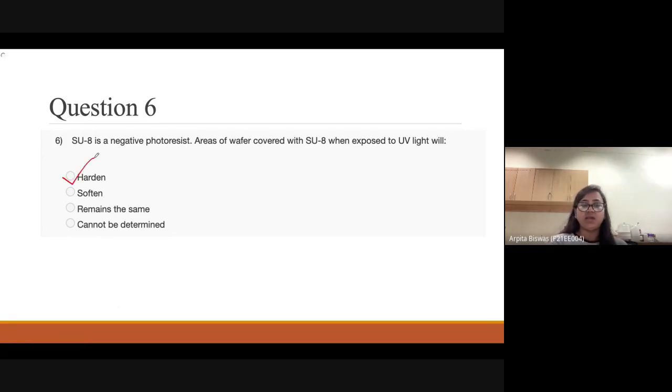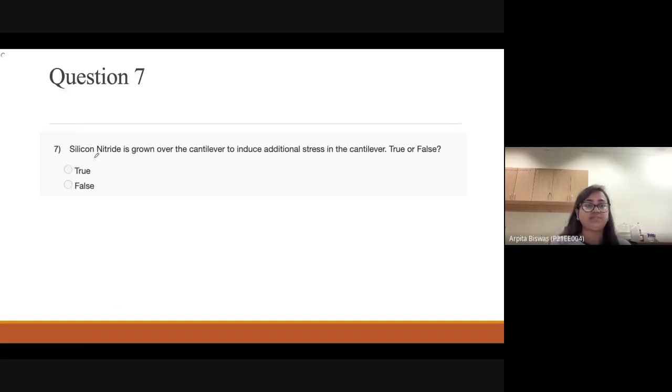Okay. As the negative photoresist is a negative photoresist, the exposed portion of the negative photoresist becomes harder. Okay, and which one is not exposed, it becomes softened, and when we are going for the developing process, then it's etched out. Okay, so the right option is option A, harden.